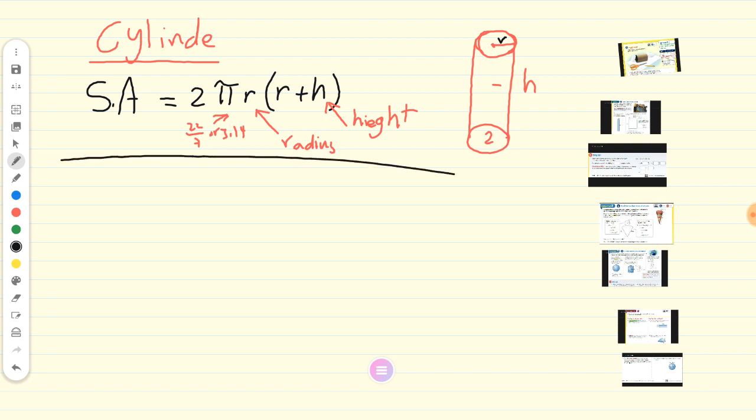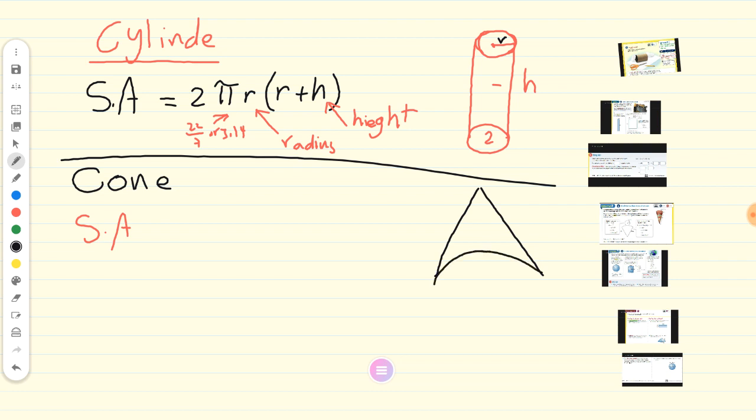Second, the cone. What is the surface area of a cone? A cone is always in the shape of something like a triangle, and its base is in the shape of a circle.